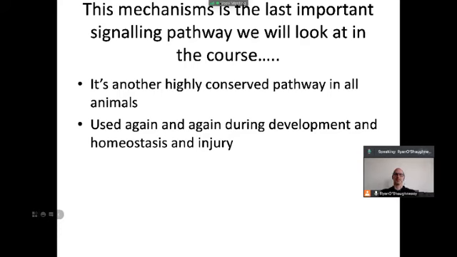So this mechanism is the last important signaling pathway that we will look at in this course. It's another highly conserved pathway in all animals, and it's used again and again during development, homeostasis and injury.